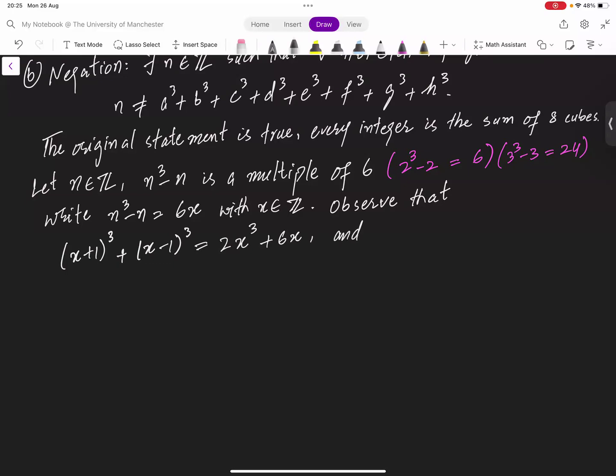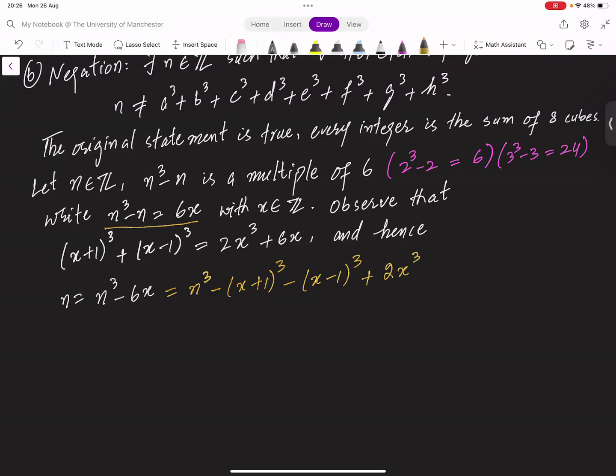And hence, if I write n equals n cube minus 6x, from this equation, we can write this further as n cube minus (x plus 1) cube minus (x minus 1) cube plus 2x cube.